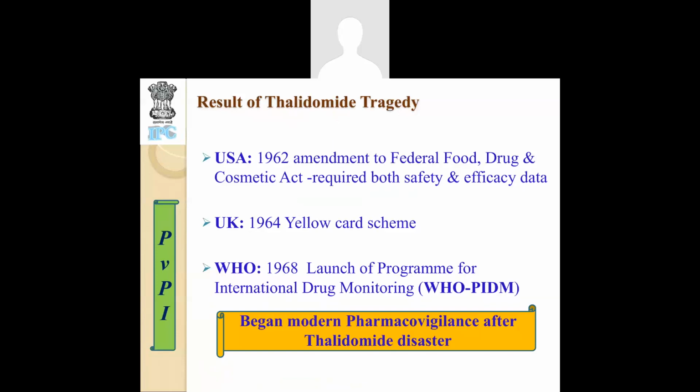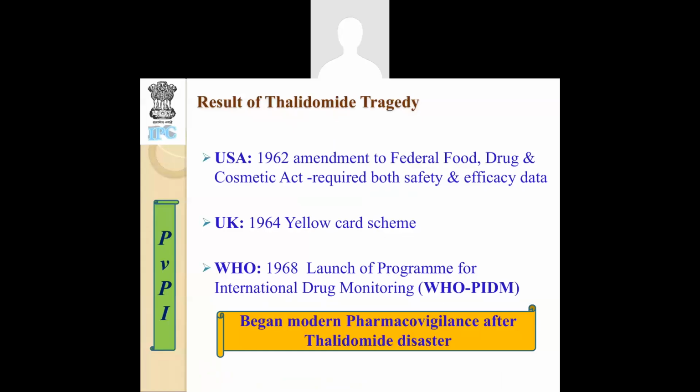In 1968, WHO launched a program for international drug monitoring, which in short we call WHO PIDM, the Program for International Drug Monitoring. This was the beginning of modern pharmacovigilance after the thalidomide disaster. Till that time, there were no stringent guidelines to report adverse drug reactions.